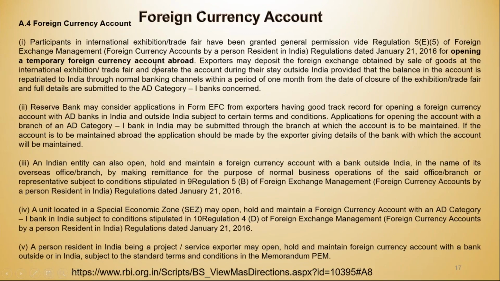The exporters may deposit the foreign exchange obtained by the sale of goods at the international exhibition or trade fairs, and operate the account outside India, and the balance in the account has to be maintained. That's all.